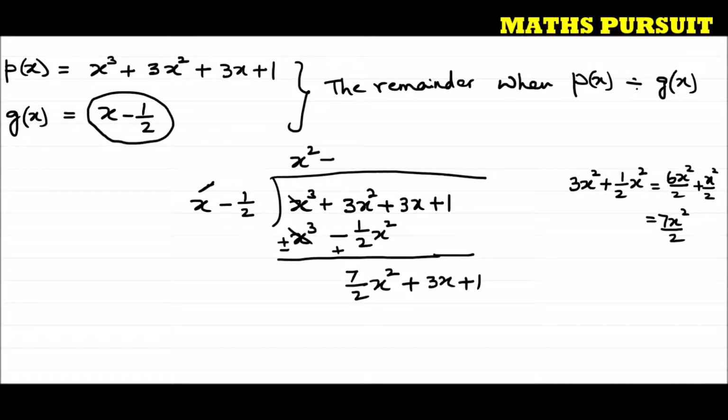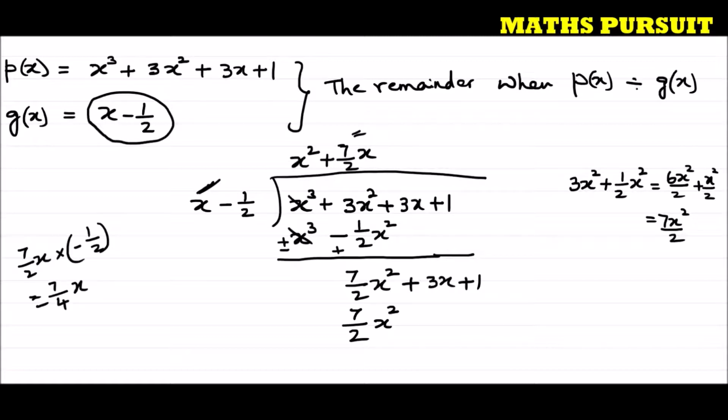If I multiply plus 7 by 2x with this x, we will get 7 by 2 x to the power 2. 7 by 2 x into x is 7 by 2 x to the power 2. 7 by 2 x into minus 1 by 2, that means we are getting minus 7 by 4x. So I can write minus 7 by 4x.